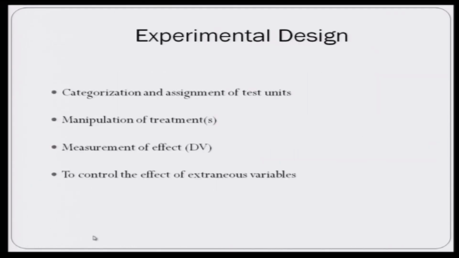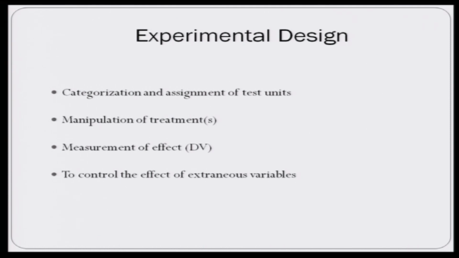So, in experimental design, you will see that we are concerned with four things. First, categorization and assignment of test units: how do you subsample the test units into homogeneous units, and then how do you assign these test units to the different treatments.